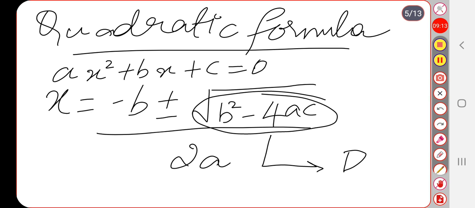Now, if you have understood these topics, let me give an overview of the methods of solving quadratic equations. The first method is the completing the square method.